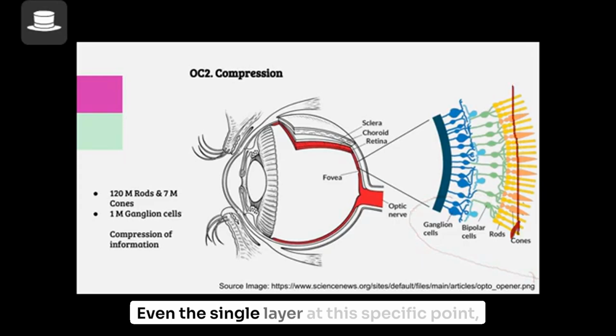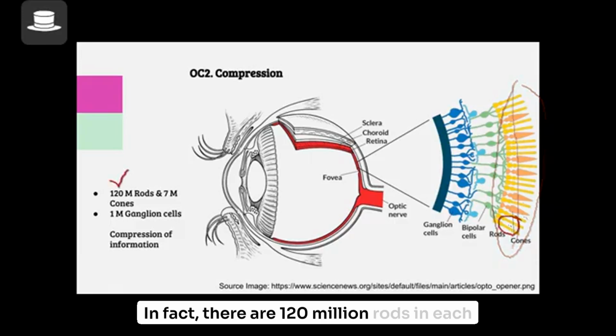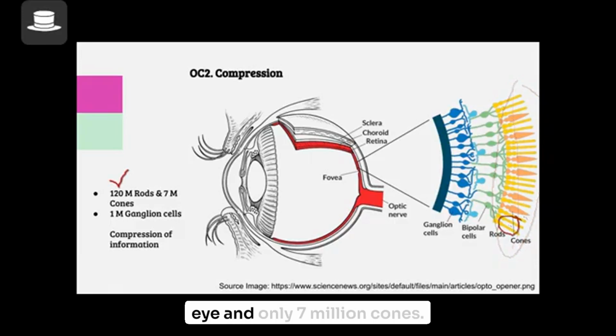Even in this single layer, at this specific point, there are more rods than cones. And throughout the retinal layer of the eye, you'll see more rods and fewer cones. In fact, there are 120 million rods in each eye and only 7 million cones. In total, there are 127 million photoreceptors.